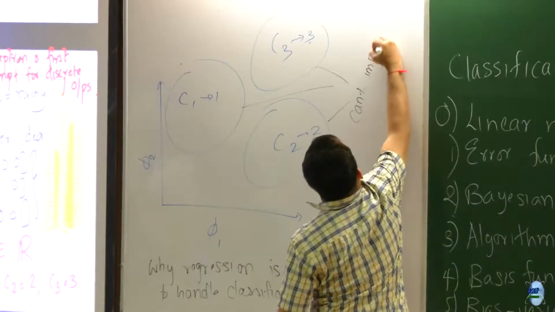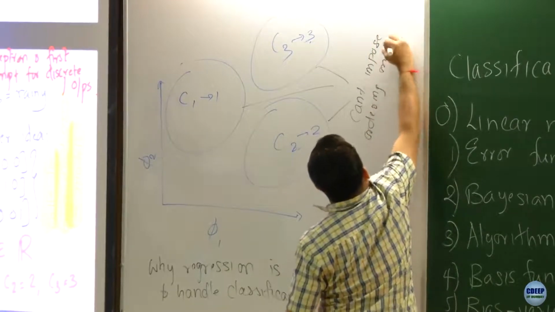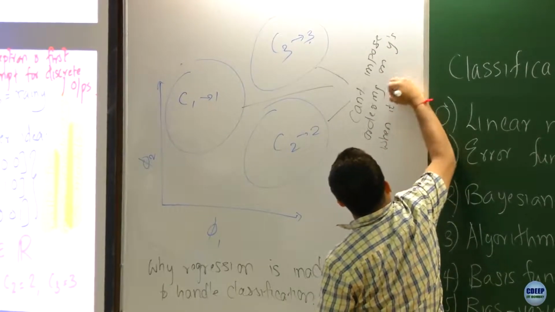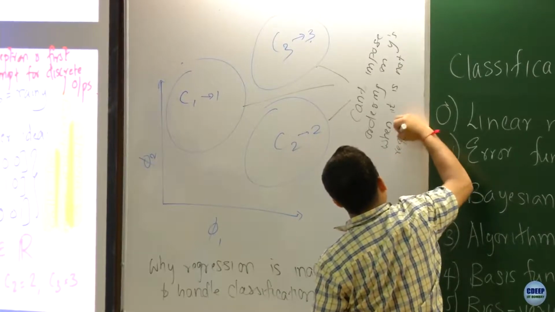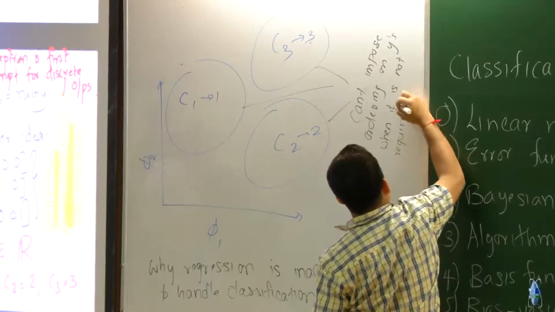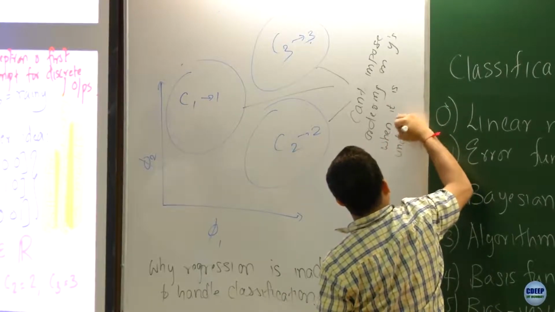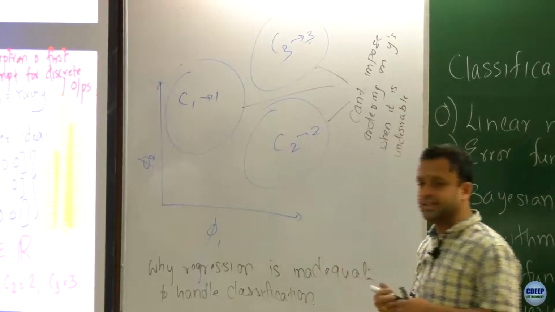You can't impose ordering on y's when it is not there, when it is not required, or when it is undesirable. It is not just about not required, it is undesirable.